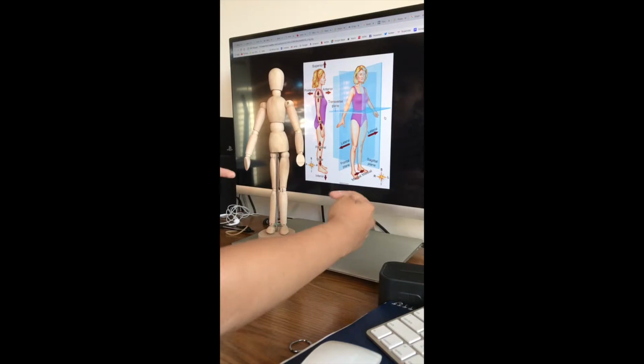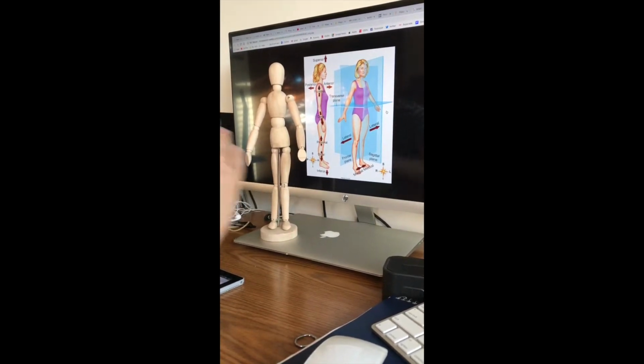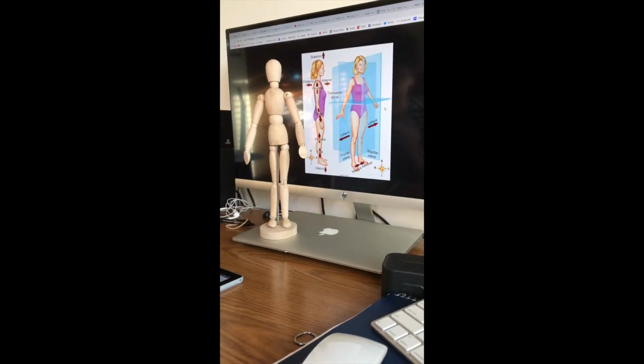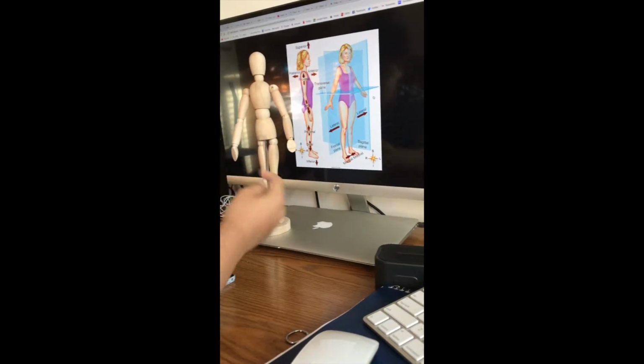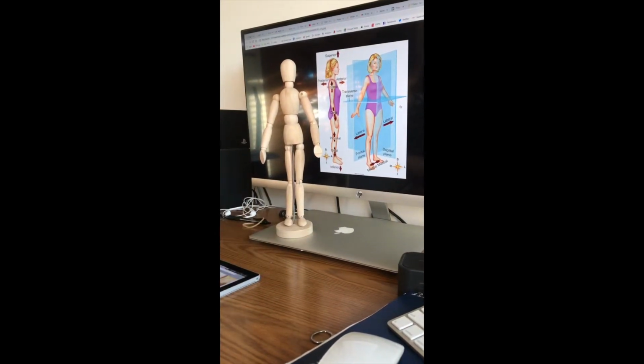Medial would be the midline of the body, going towards the center, while the lateral is going outside, away from the midline. And then intermediate would be between these two directional terms, so it would be somewhere in between lateral and medial.